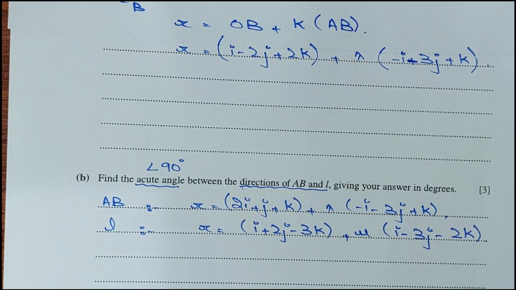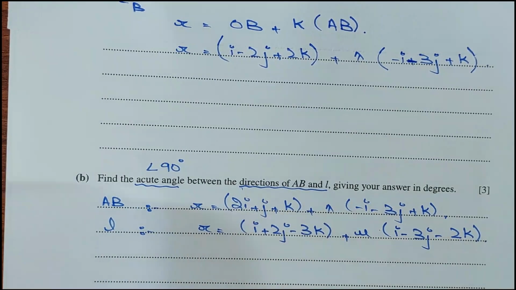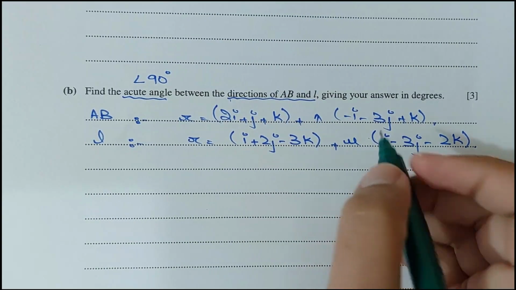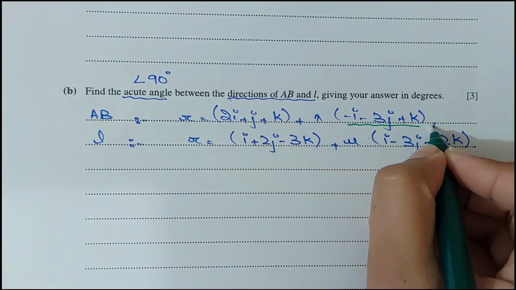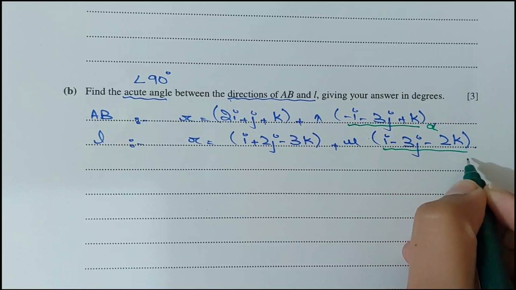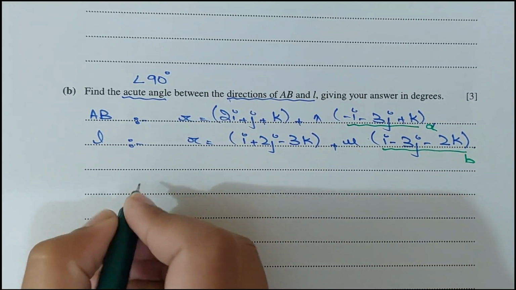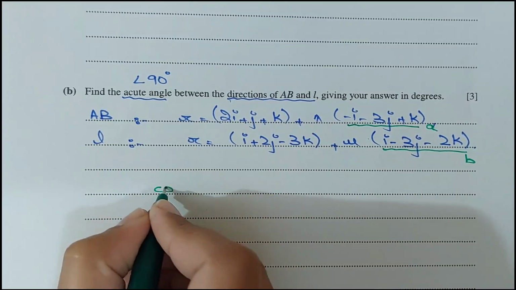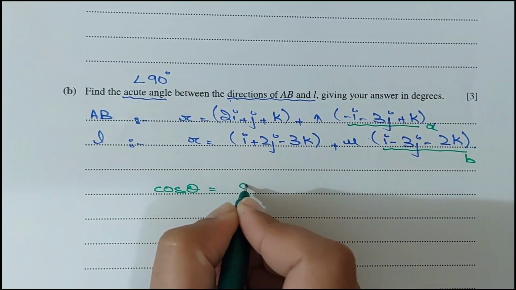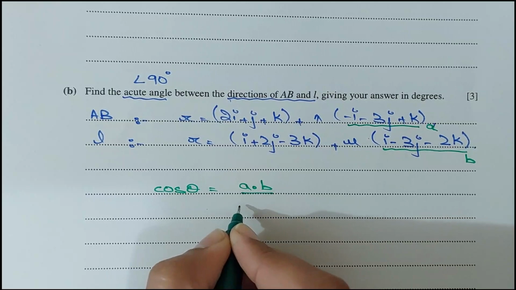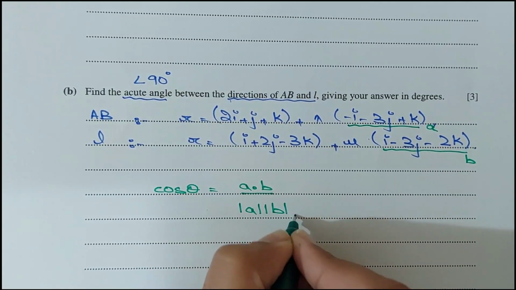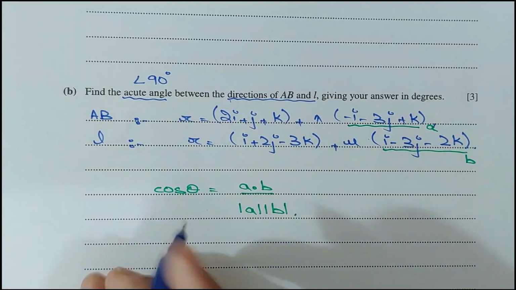So we have to pick the directions first and use the formula. If I say this is direction A and this is direction B, then the formula to find the angle between the two directions is cos theta equals the dot product of the two directions divided by the product of their magnitudes, right? So let me substitute.